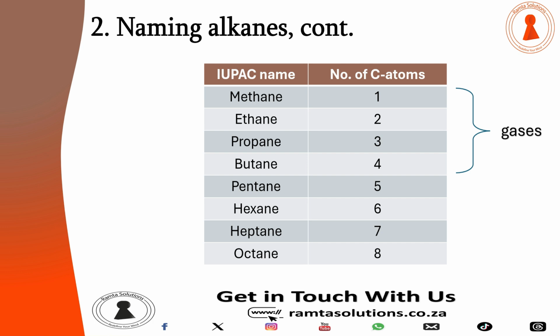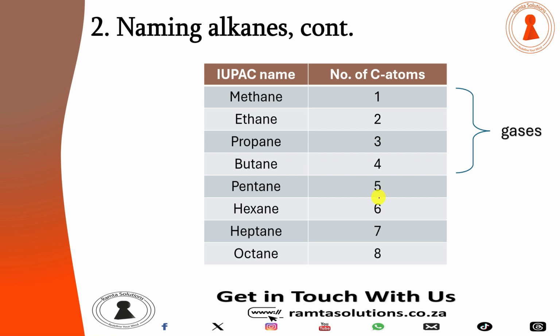Of course, as the number increases, they will become a bit waxy, which we could call solid, but we can still classify them as liquids. So the first 4 are gases at room temperature, and the rest are liquids. When I say the rest, I want to restrict you to only 8 alkanes.